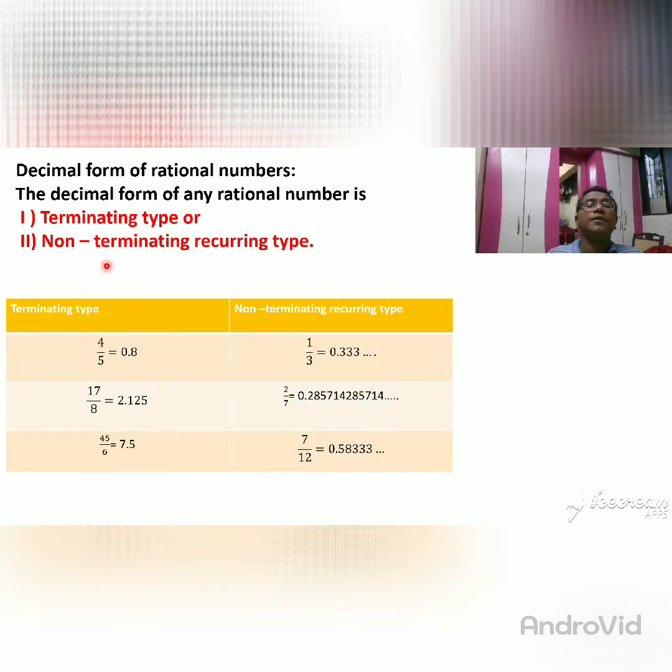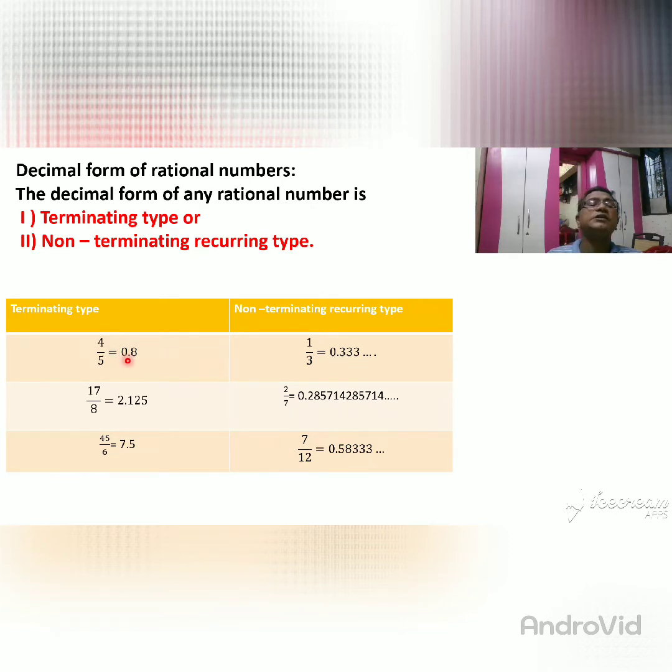Okay, then the examples can be shown here. Terminating: 4 upon 5. So 5 is divided into 4. We are in 9th standard, so I think you easily understand the division. 5 into 4 is not possible, so what can we give? 0, so we put a decimal point.